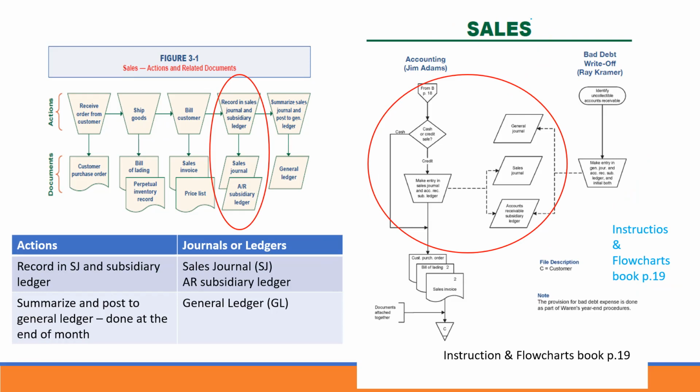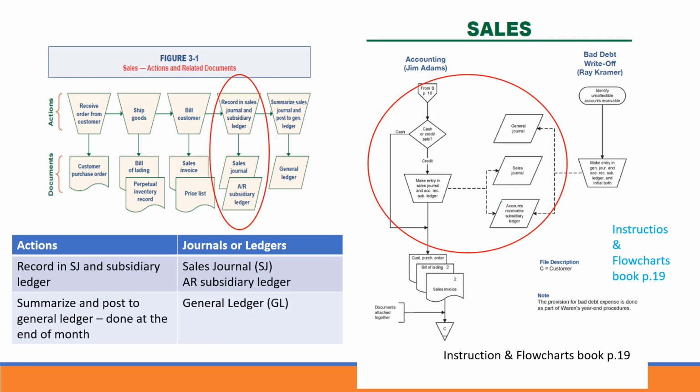This page is still the sales cycle, but it's the accounting part. Okay, so which is this step: record in sales journals and subledger, and the documents involved here are the sales journal and accounts receivable subsidiary ledger. I put the next 2 steps together because it's kind of like together.